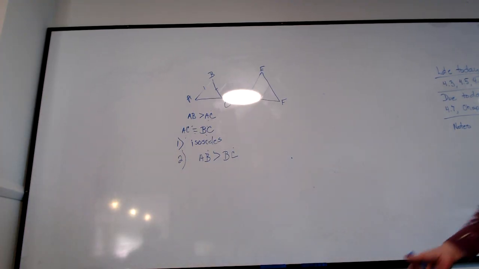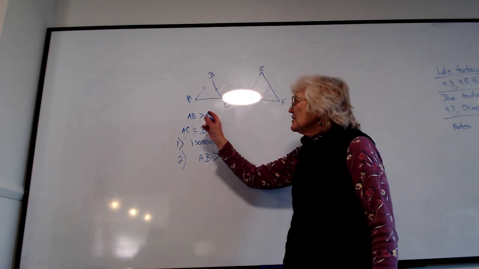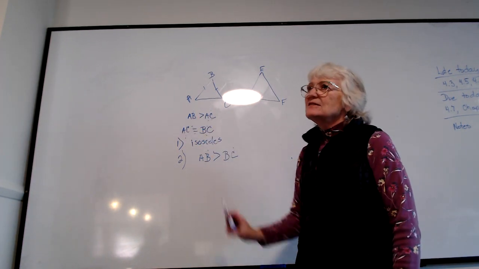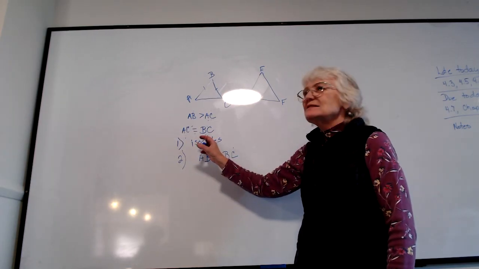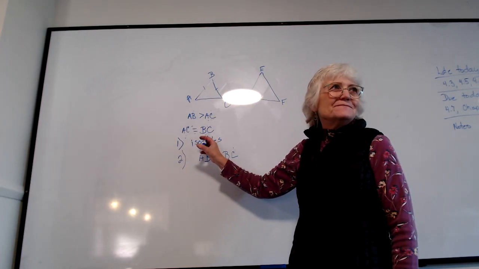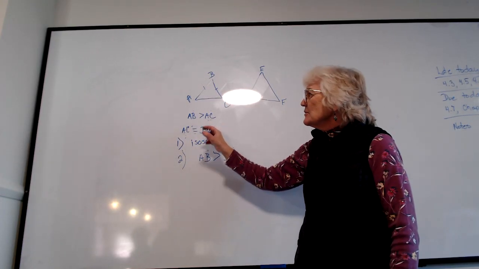Okay, so the next one says, why? Well, if you want to say you substituted BC into there, that's fine, because that's what you really did. If AC and BC are the same, then you can replace AC with BC.